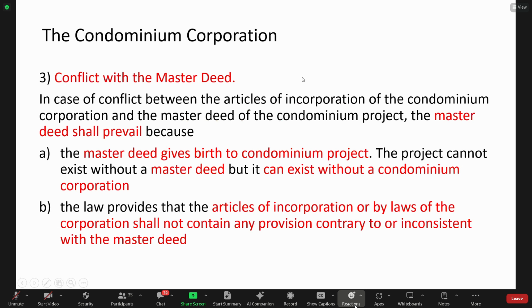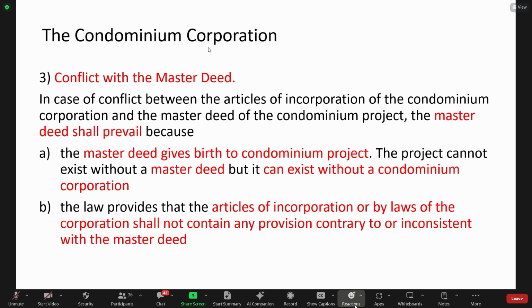Remember what I said at the very start: before starting a condominium corporation, what is the first thing you do? You start a condominium project. What's the first document you need? The master deed.